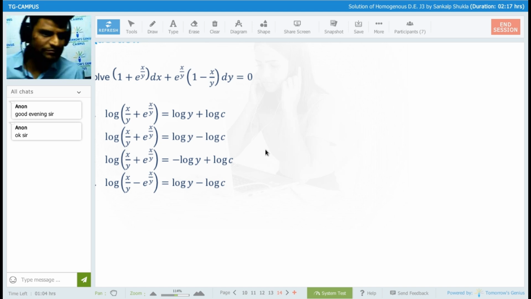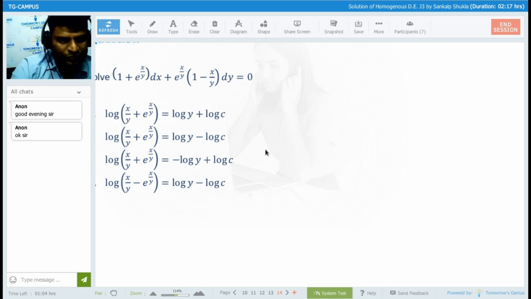So option C you are saying? All of you have completed? Everybody is saying option C. Vishwanath is saying B. Okay, so there is a catch in this question.